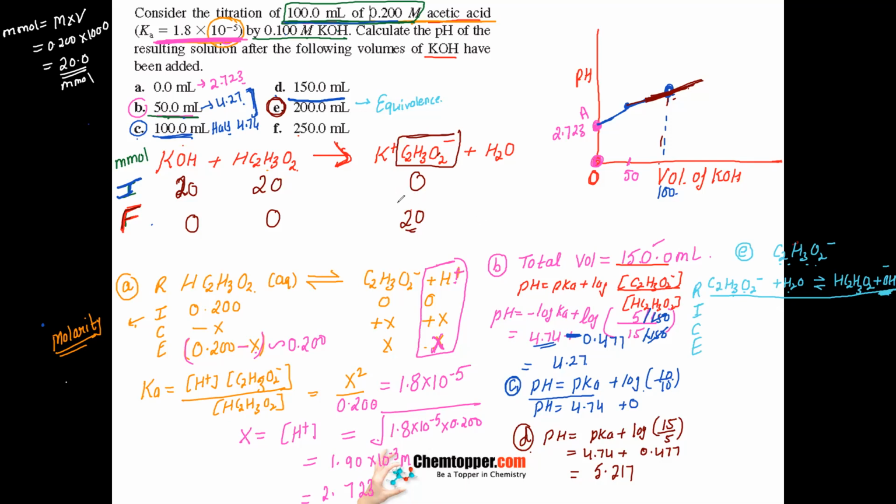But I have the millimoles here. So can I get the concentration of acetates? 20 millimoles divided by total volume. What's the total volume, children? Total volume is 300, right? 300 ml.